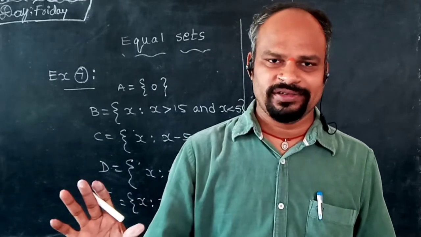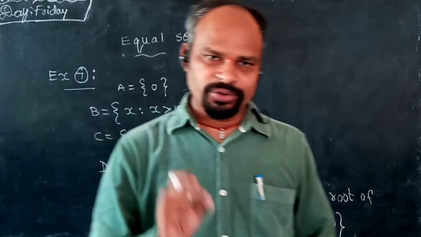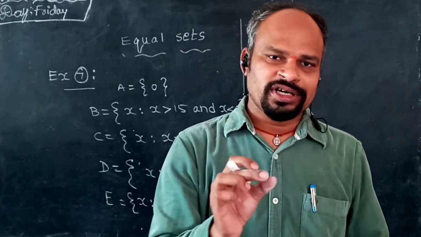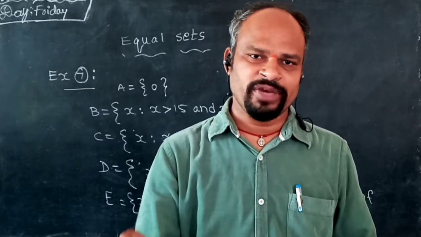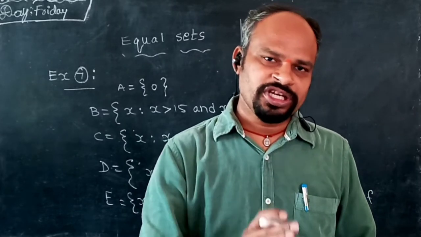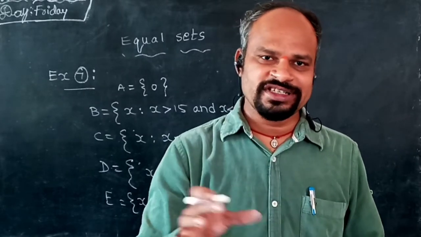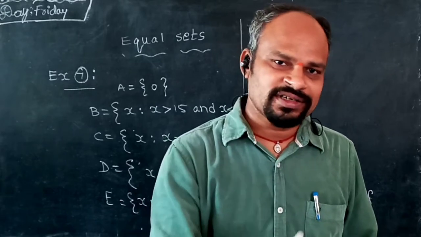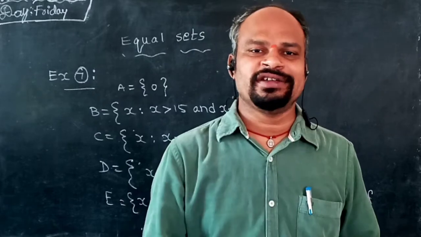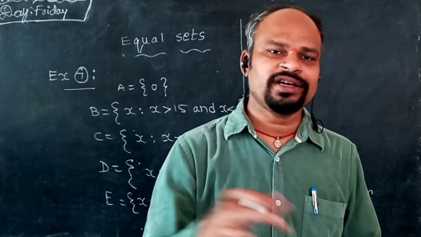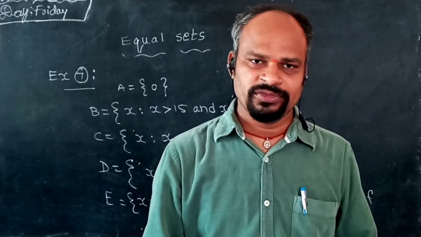What I need to tell you is, you need to follow the relation between the first and second element, third element. From that you need to catch the common property of each and every element present in that set. From that you can get the general conclusion, then you can write it in set builder form.